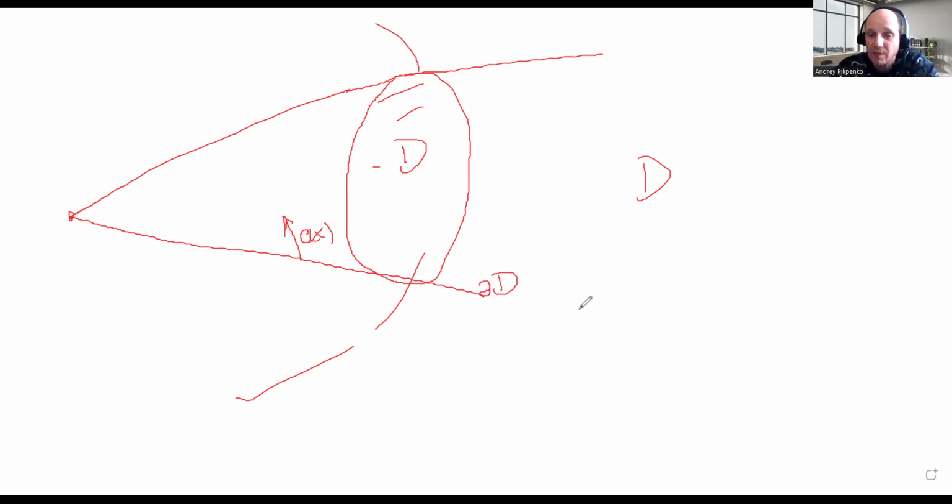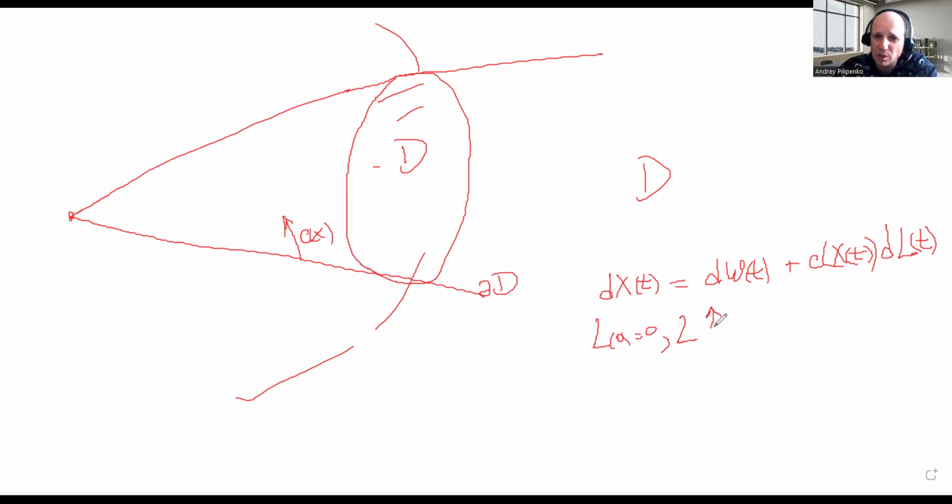I will denote the boundary by ∂K. Reflected Brownian motion is a solution of the following stochastic differential equation: dX_t = dW_t, this is a multidimensional Wiener process, plus C(X_t) dL_t, where L is a continuous adapted non-decreasing process, L_0 = 0, and L may increase only when this process X hits the boundary of the cone.